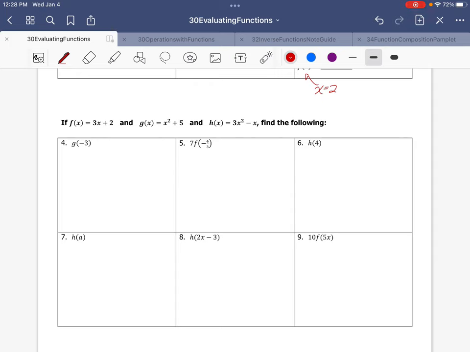This is one of those times where you want to push pause. You definitely want to try these problems, work them out, and then you can come back and see if you got them right, as I will be giving a quick analysis of each of these problems.